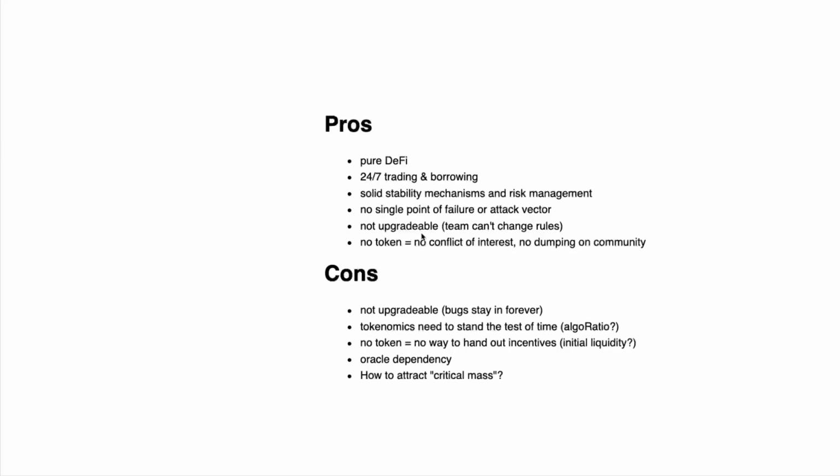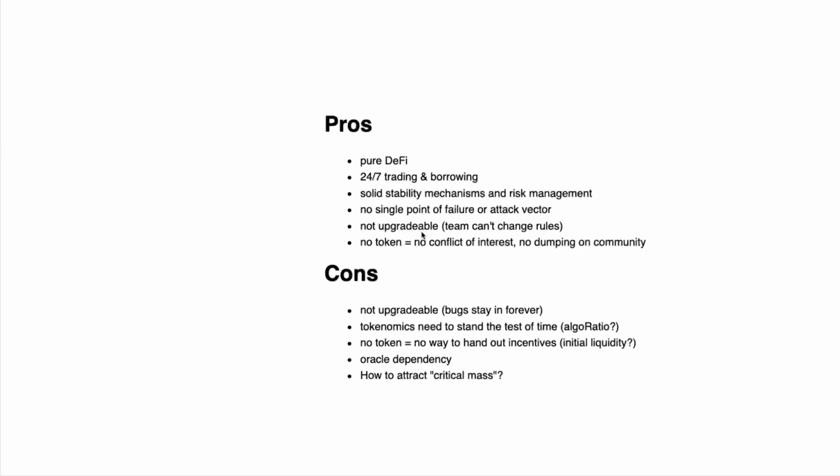Also, it's not upgradable. As I said before, the team can't change the rules. If they deploy it like they say they will deploy it right now, it will not be upgradable, so the team can't change the rules. Code is law, it's on the chain, and that's it. There is no need to trust them not to do bad updates or anything.